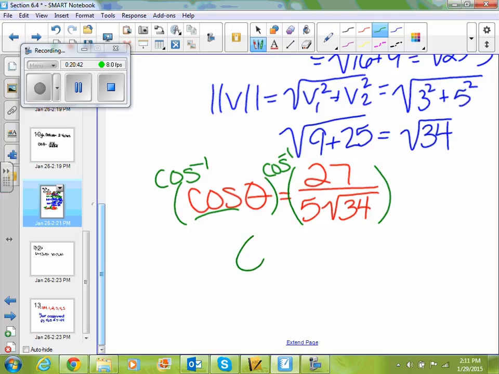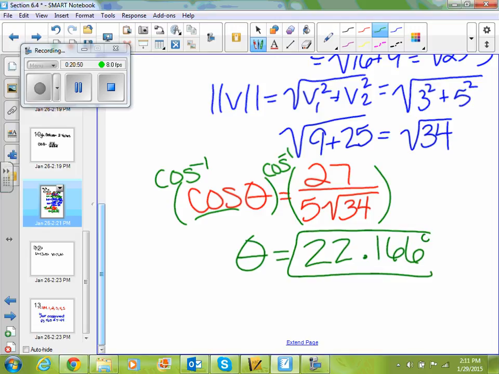Alright, so if you put that in parentheses, then you end up with theta equals 22.166 degrees. So I guess we have to be careful how we enter that in our calculators. I didn't know we'd do that.